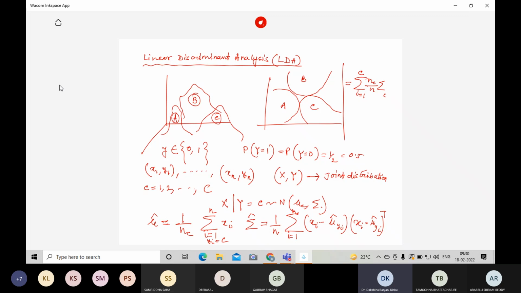This can be further derived as the summation of n_c by n, multiplied by the covariance matrix for a particular class c.